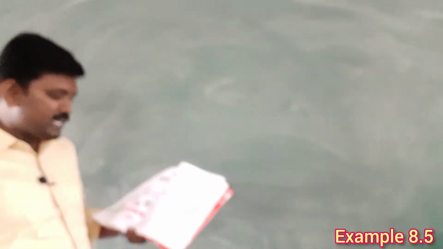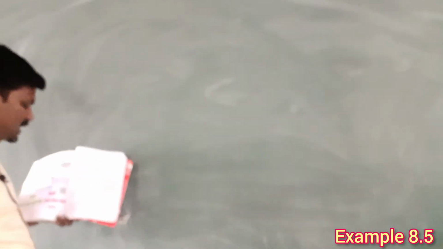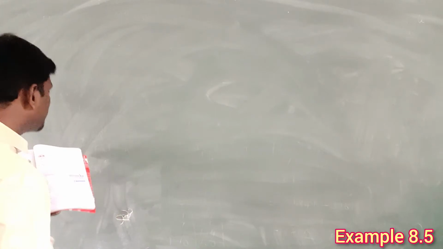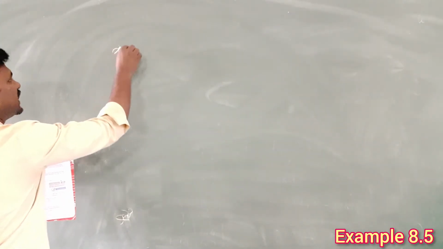So like that, they are giving the different rainfalls, the amount of rainfall on different days. The first one is x.